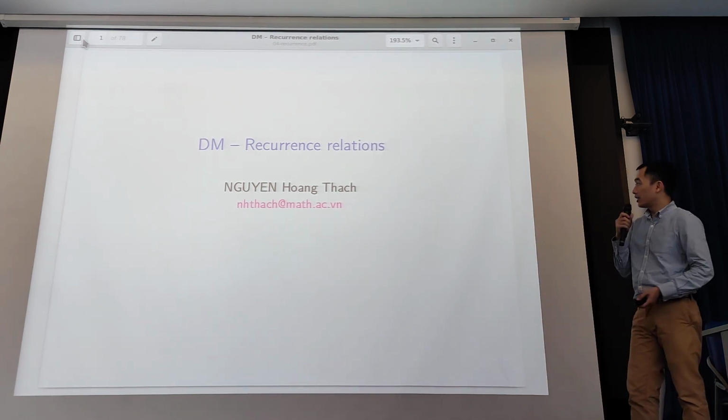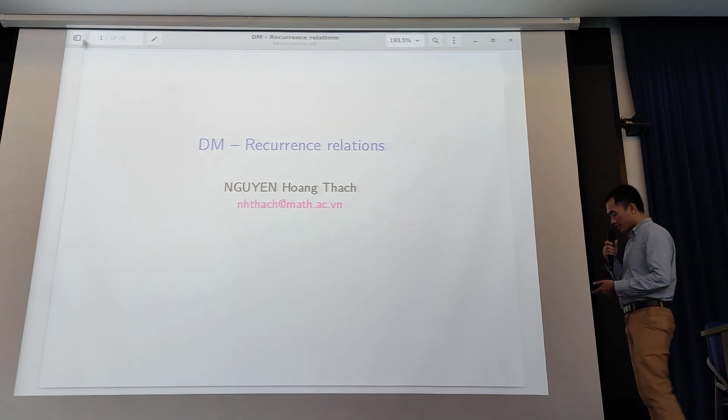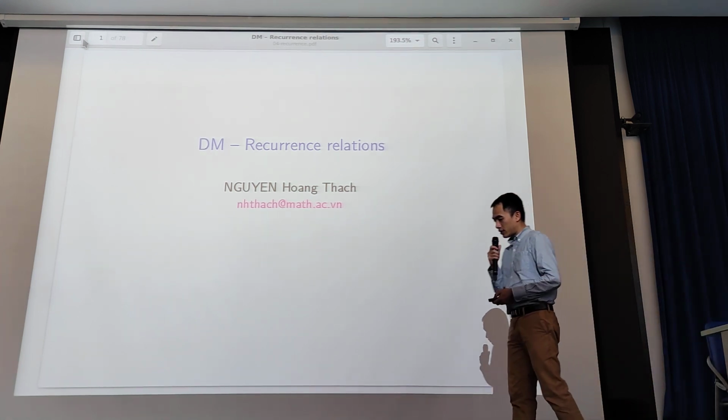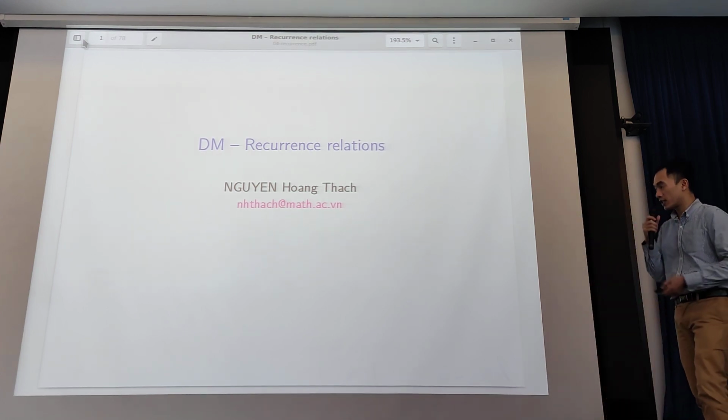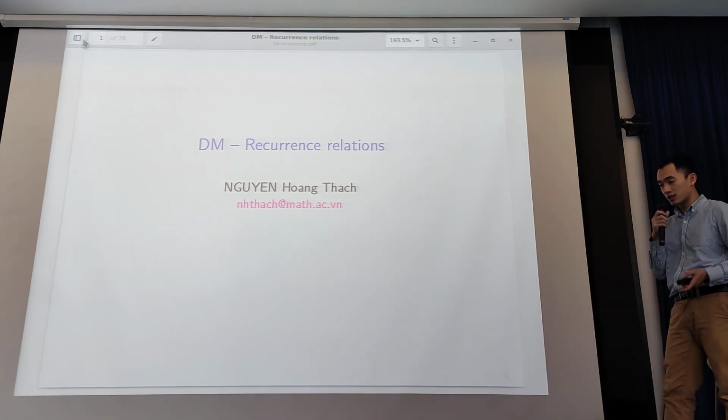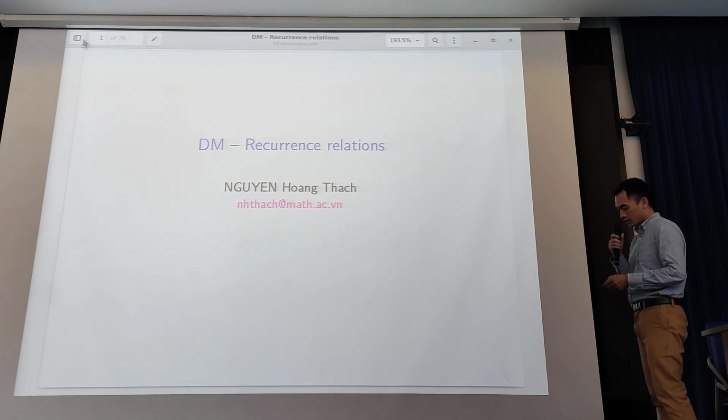In many cases, the size of the input is an integer, and so we can express those measures as the terms of a sequence indexed by positive integers.